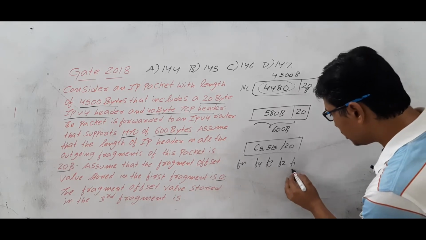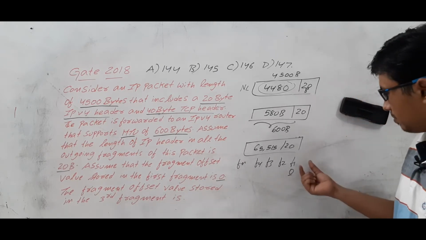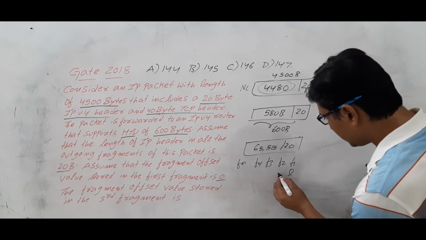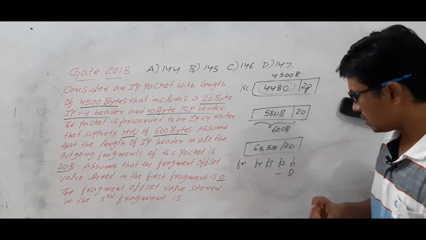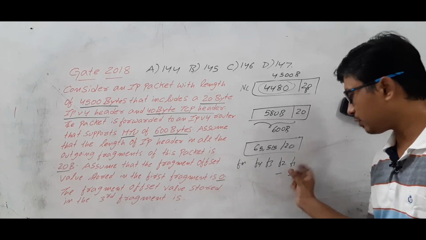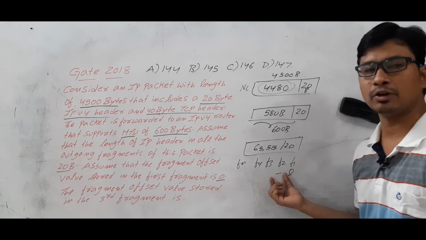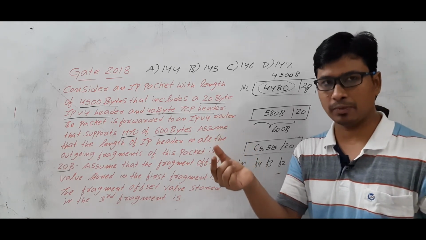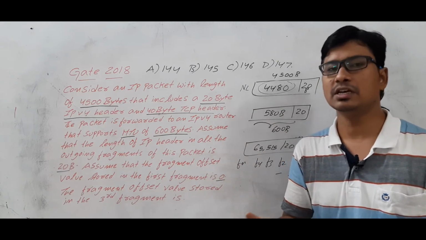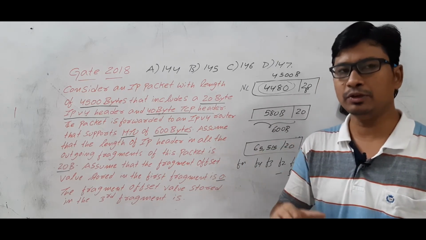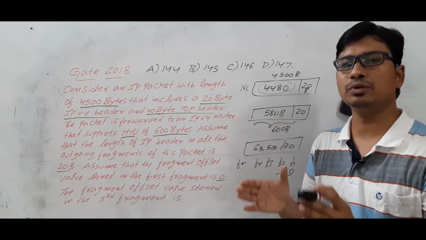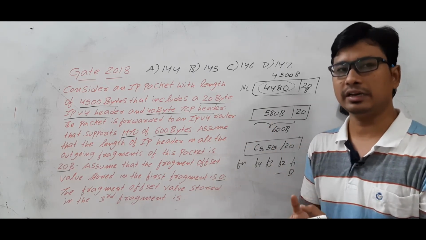Now the first fragment will have the value 0 because before this only 0 bytes of information have been transferred. Then the next will consist of some value, because whatever the size of the data sent in fragment 1 has to be specified in the fragment offset. We have a fragment offset and the more fragment bit, which will be useful in the reassembly mechanism, because at the receiver you have to do the defragmentation or reassembly.